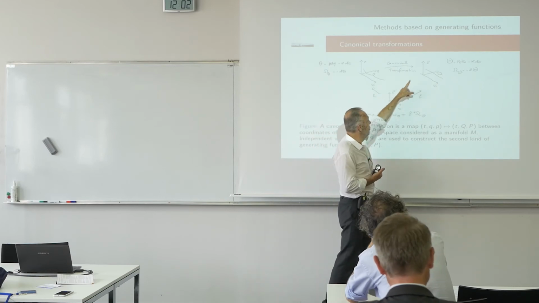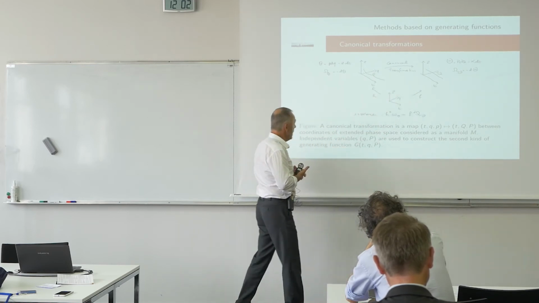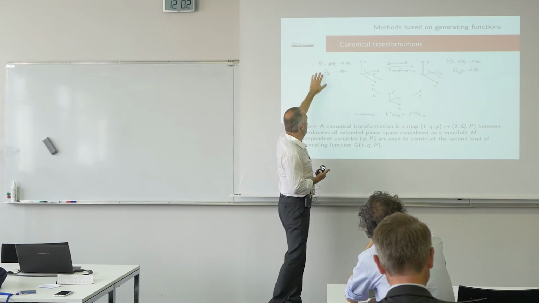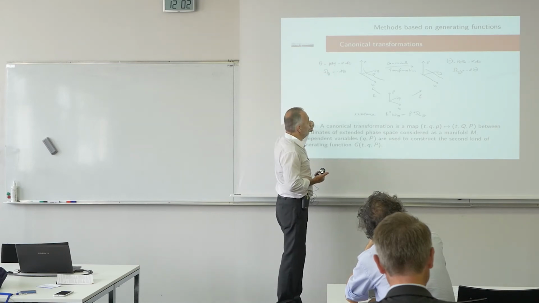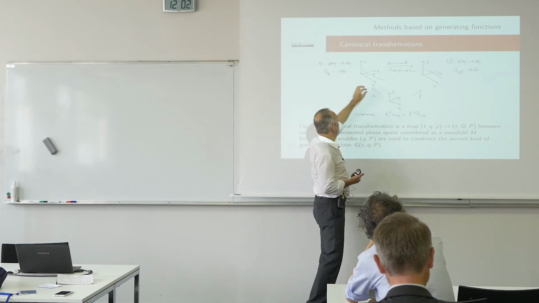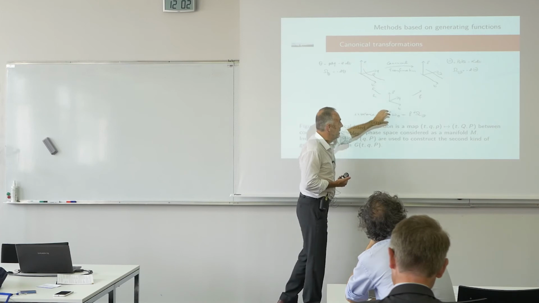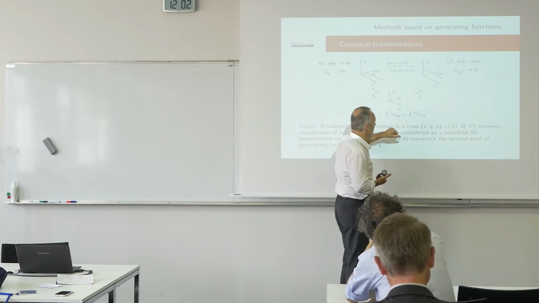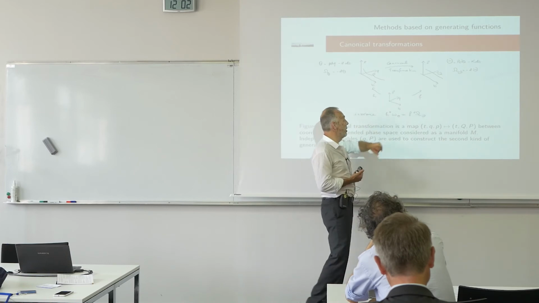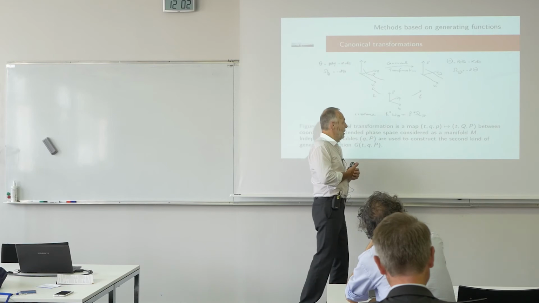So you have the new variables in here and the old ones for the position. And the main idea, it should be little omega, is to guarantee that when you push forward the symplectic form from here to here in those transformations, then you will have an invariance.